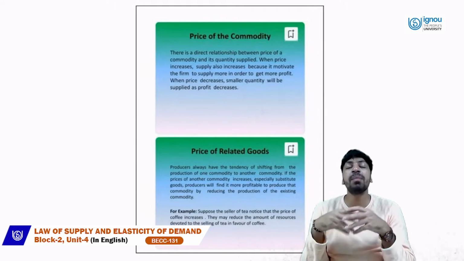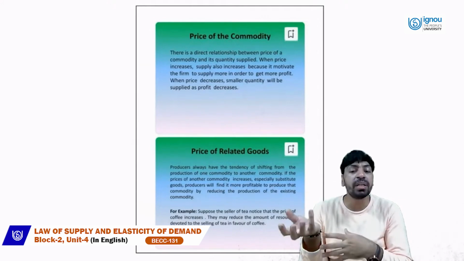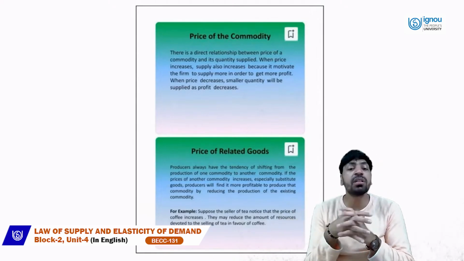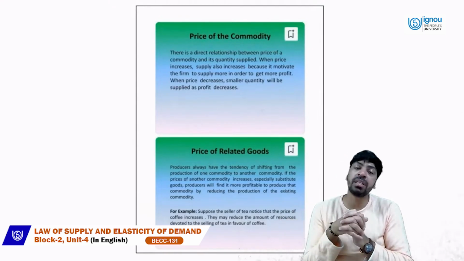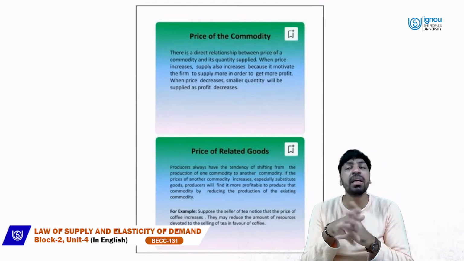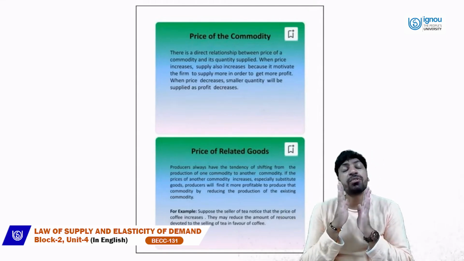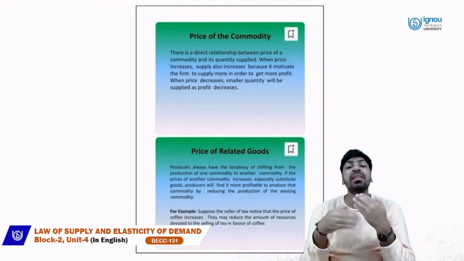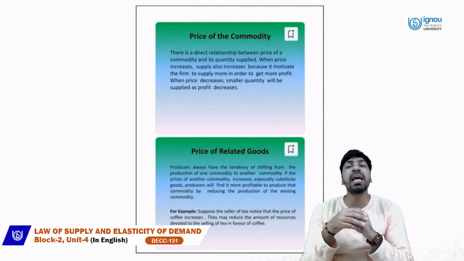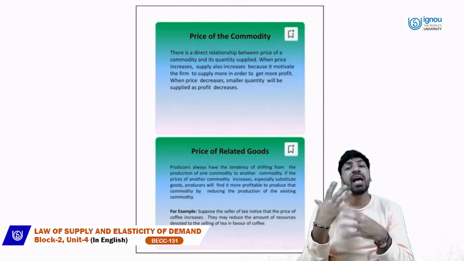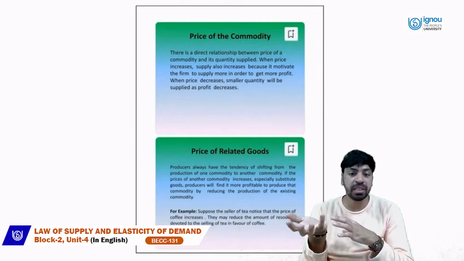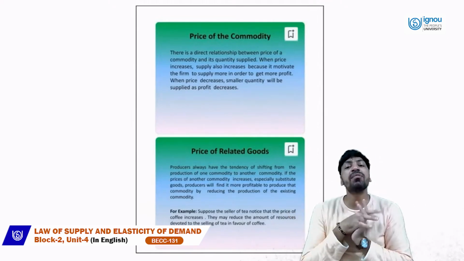By producing that particular commodity, it could reduce its production of the existing commodity. That's called the price of related goods.